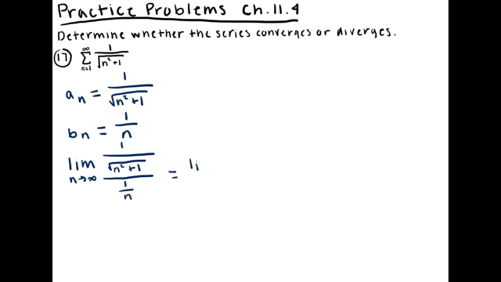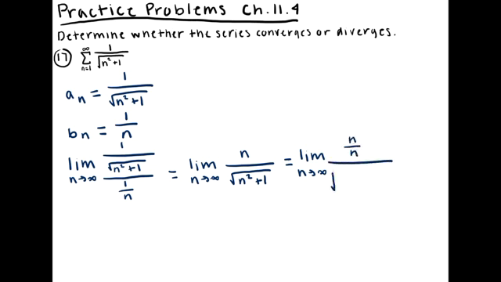And that will equal the limit as n goes to infinity of n over the square root of n squared plus 1. So like in the last problem, the powers of our numerator and denominator are the same because of the square root of n squared. So this can become the limit as n goes to infinity of n over n, over the square root of n squared over n squared plus 1 over n squared.